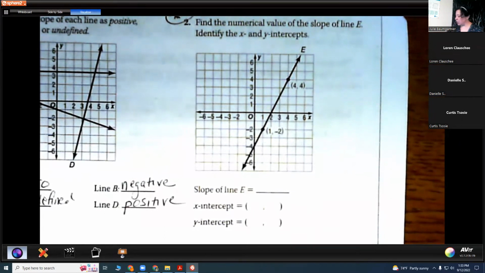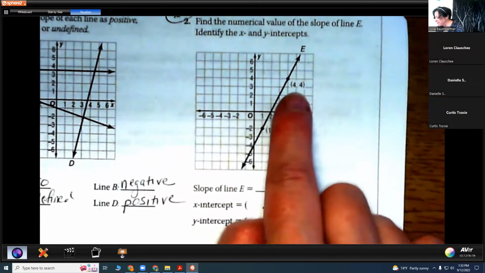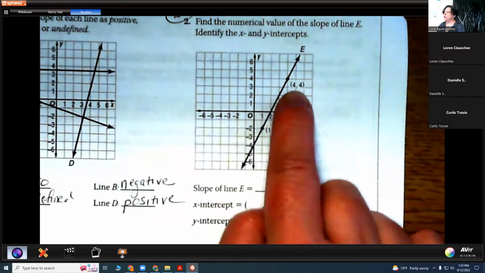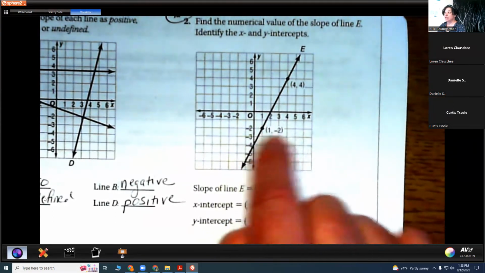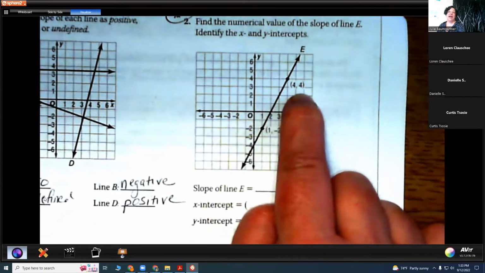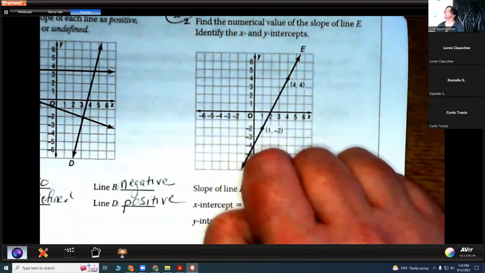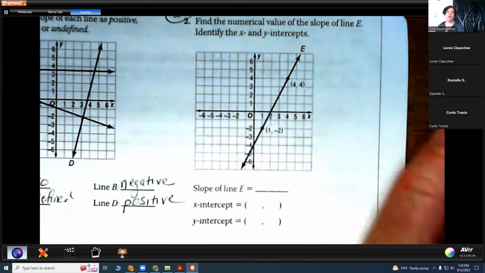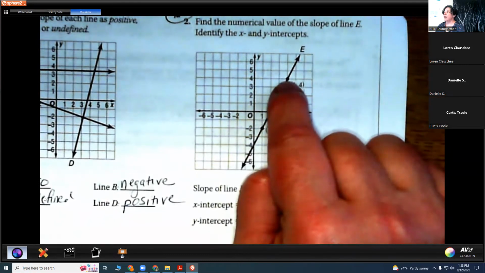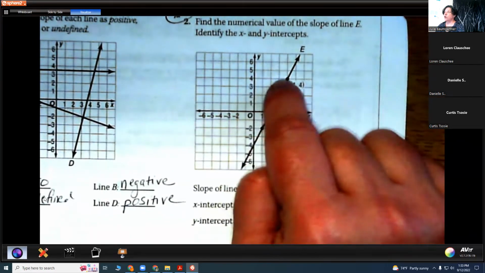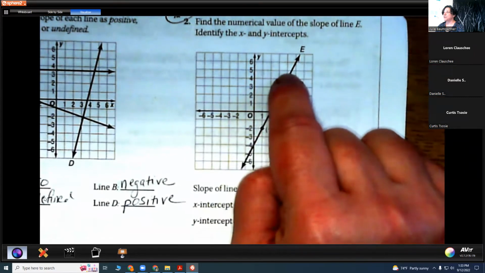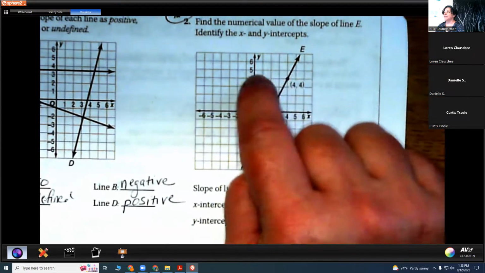So yeah, in order to calculate the slope of a line, we have to know 2 points. Now they've told us the points. Probably on a GED level question, you're just going to see the line and you're going to have to choose 2 points. It doesn't matter which 2 points you choose, but it's always good to choose points that are whole numbers, as opposed to somewhere on the line that's not a whole number.